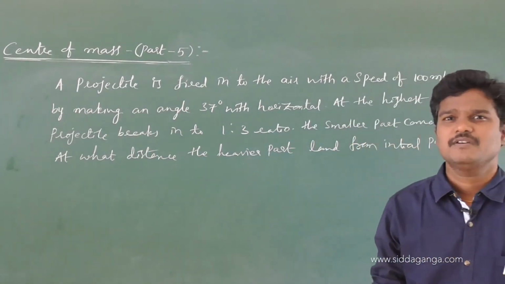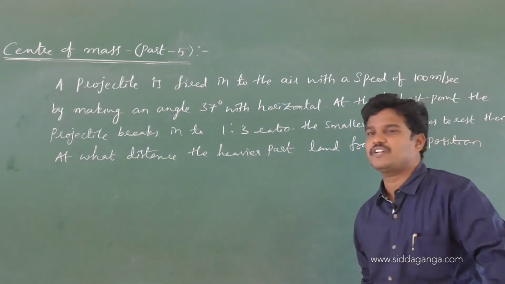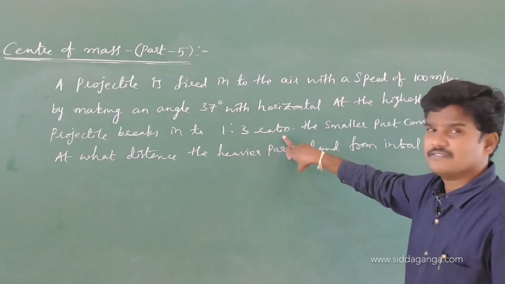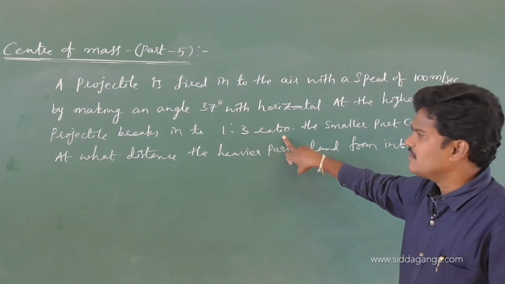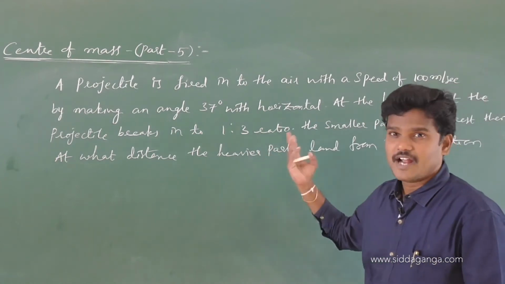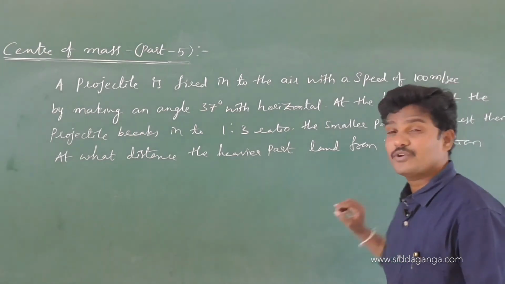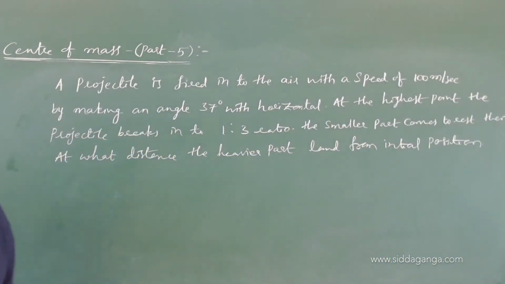If the total mass is 4m, one part is m and the other is 3m. The smaller part comes to rest after the explosion. At what distance does the heavier part land from the initial position? Read the question twice.